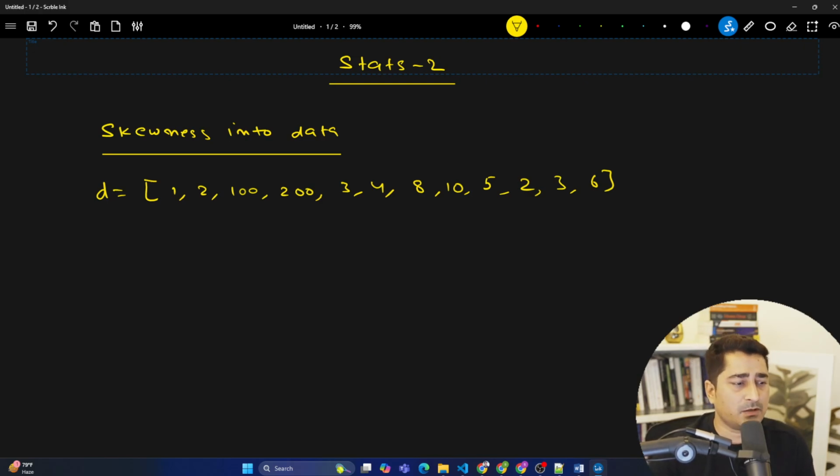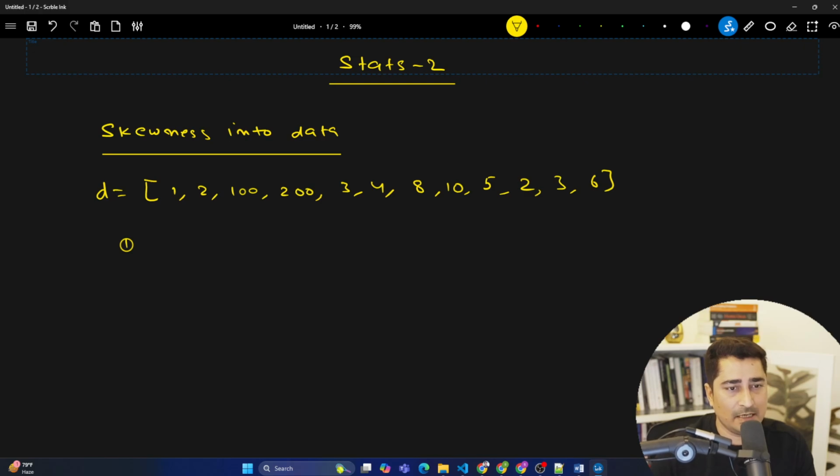Now, in the very first place, I have to find out whether my data set is right skewed, left skewed, or a symmetric data set. How will I be able to identify that? Because there are 3 kinds of skewness you will find.